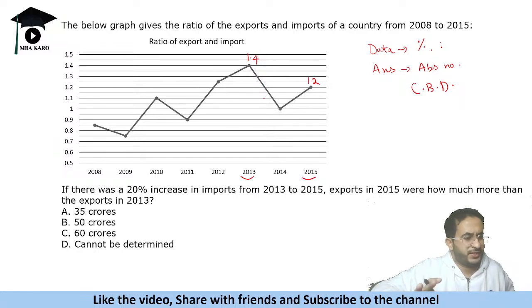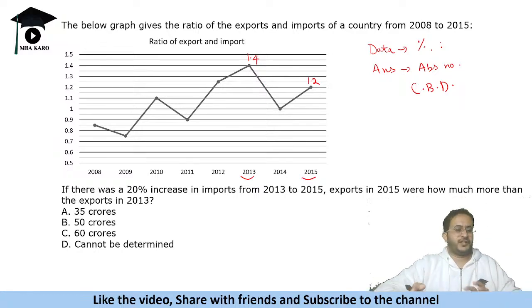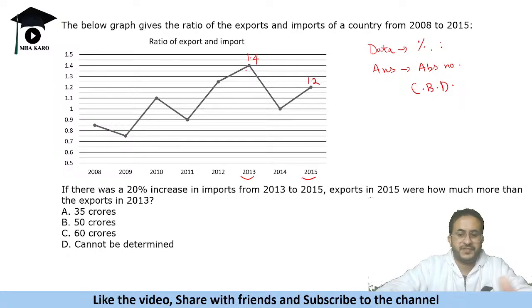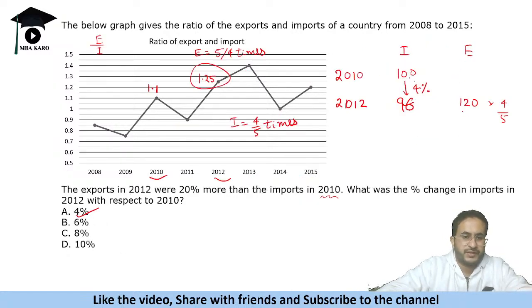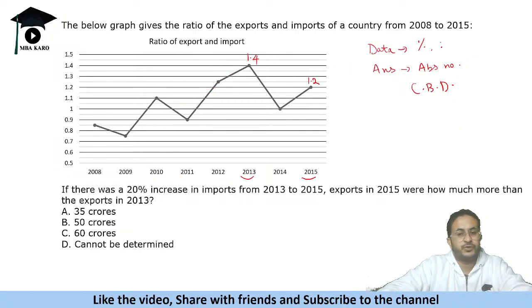Ratio or percentage. We are not given any of the numbers anywhere, right? In the previous question we were given 3300 crores. See, if data is given in percentage terms and the question is asking percentage or ratio, then you can answer. But if it is asking absolute value, the answer cannot be determined. This can be anything, it can be 50, 35, 60, it can be anything.